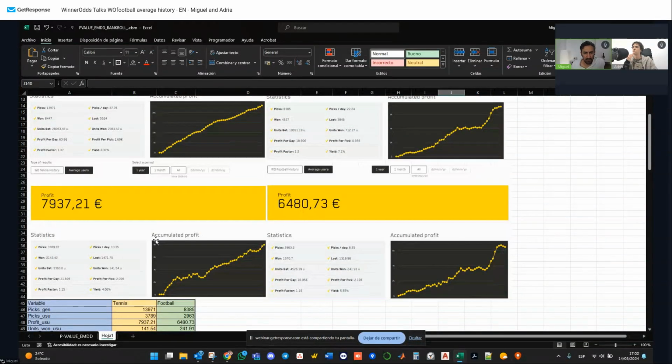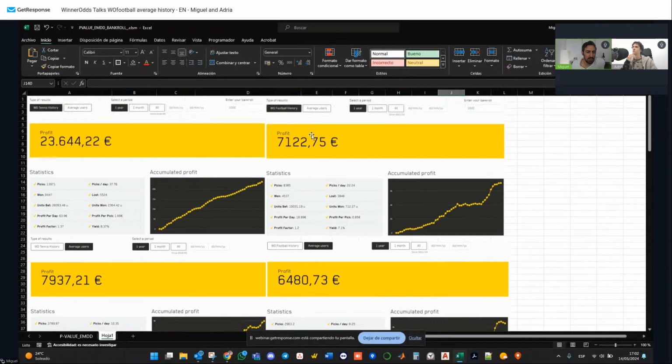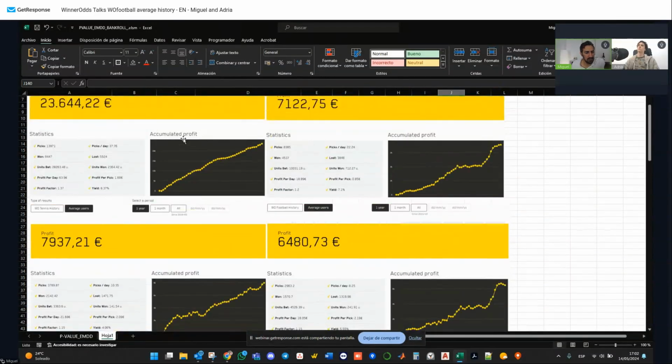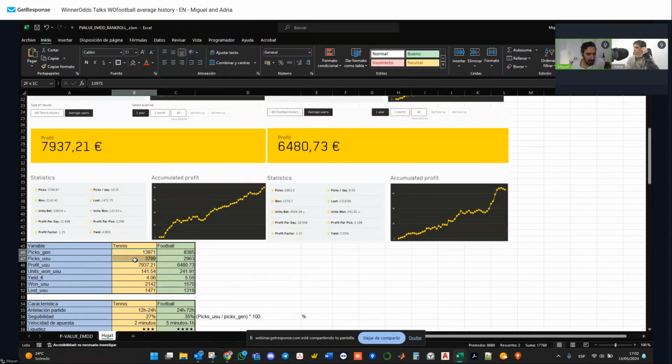And we have here the same for football. So I will do this, for example, for tennis first. So the variables I need for 1 year, for example, are these. I have on average 3,789 bets. So I will place that here.